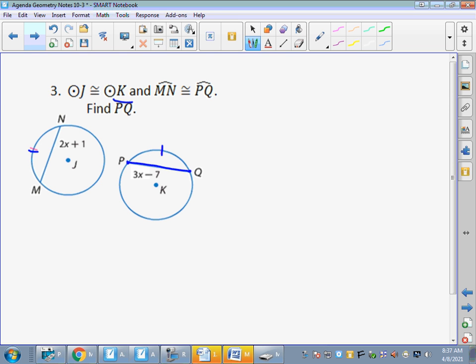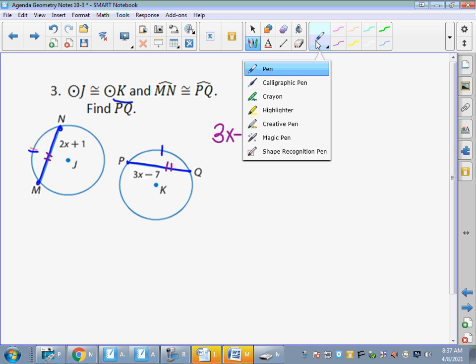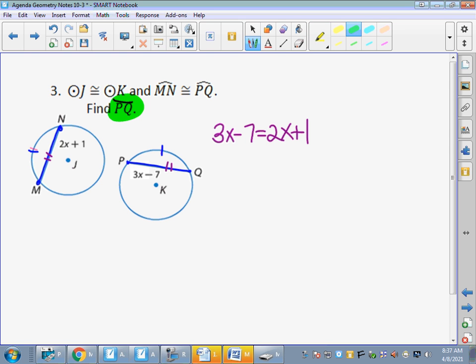Well, if you know that two arcs are congruent, then you also know that their chords are congruent. So we just do a quick 3x minus 7 equals 2x plus 1. Once you find x, don't forget that it asks you to find PQ, which means that you have to plug the x into the 3x minus 7 and get an actual number.